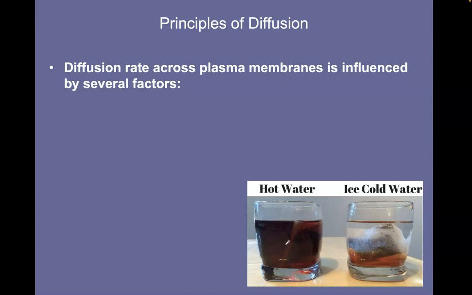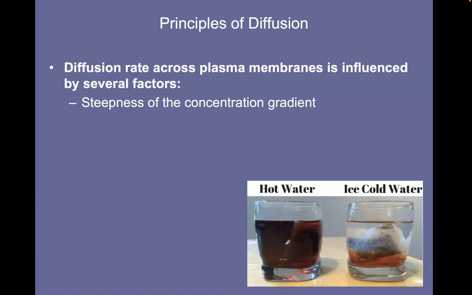Many of the principles of diffusion are very intuitive as well, and you know a lot of these because you do some of these yourself. According to Fick's law of diffusion, there are different factors that will affect the rates of diffusion.